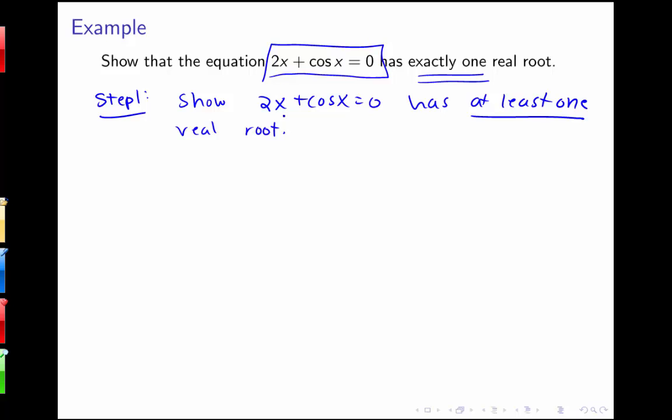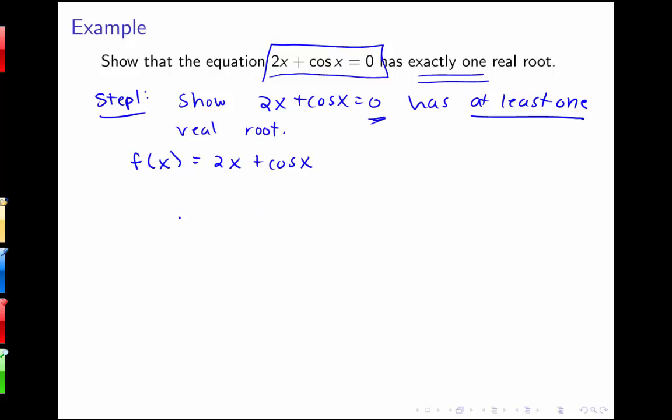So we're going to show that it does in fact have a root, and then we're going to show that it can't have more than one. Okay, so if I want to show that this has at least one real root, remember that I could define my function to be what I have here on the left-hand side, 2x plus cosine x, and then I need to find some values a and b where f of a is less than 0 and f of b is greater than 0.